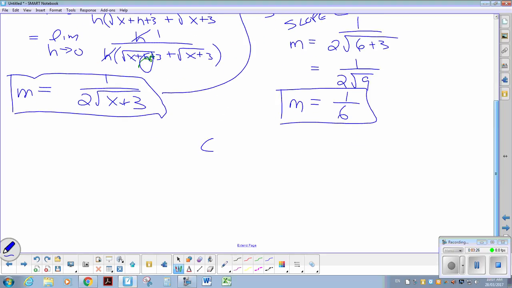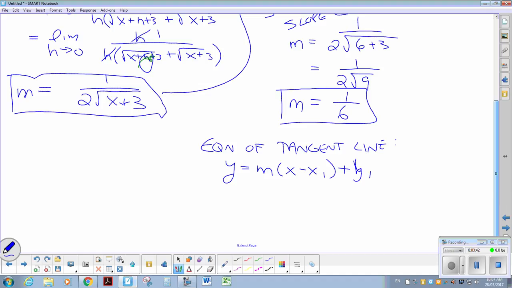So the equation of the tangent line. Again, I prefer y equals m times x minus x1 plus y1. Oops, y1. So y equals 1/6 times x minus 6, and the y value was a plus 3.